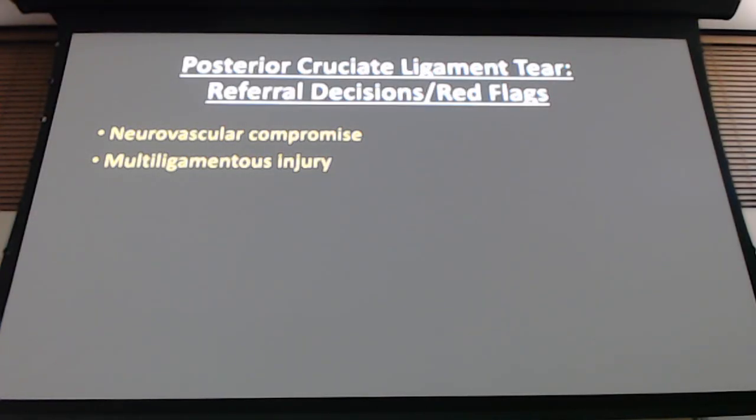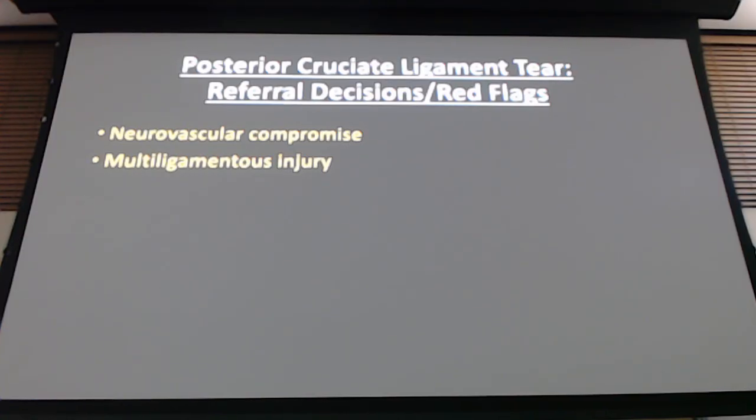Okay. So red flags: anytime you have trauma assessment basically and you determine that they have neurovascular compromise, you're going to send them right away. And again, multi-ligamentous injuries. Now you're like, well, if they have major trauma and they have multi-lig injuries, would I ever actually see them? I mean, it depends, right?